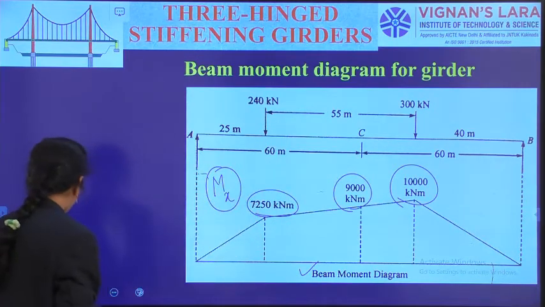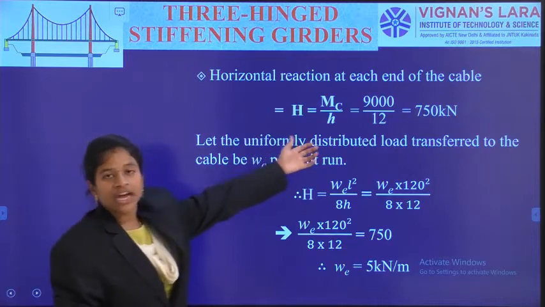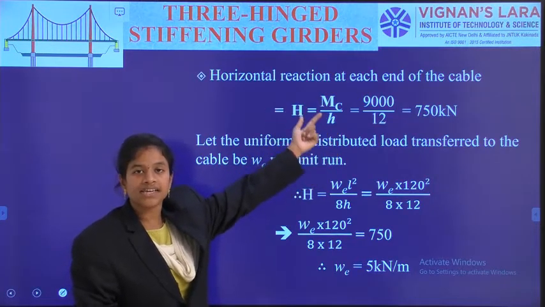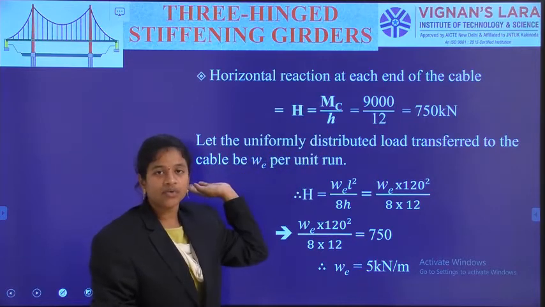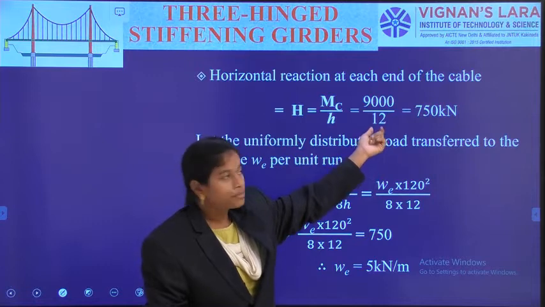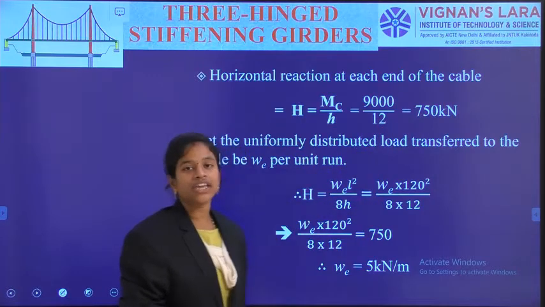Now, as we have already mentioned, the horizontal component of reaction capital H is equal to MC by H. Just now we have calculated MC as 9,000 and the central dip of the cable is 12 meters. So we have got 750 kilonewtons.